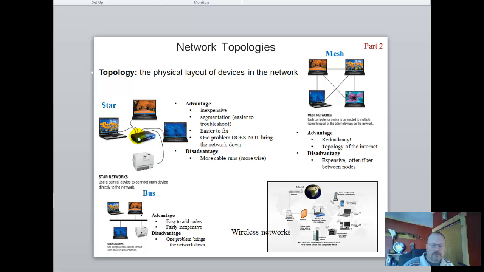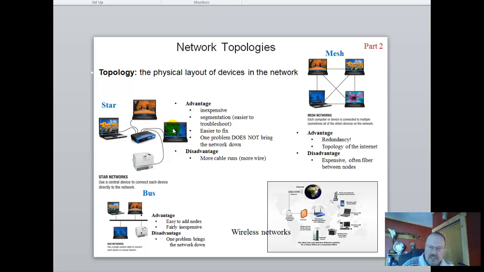Now, once again, the advantage is this wiring is very inexpensive. Also, there's segmentation going on, so if this wire has a problem, if you have a child and they start pulling on the cable and break the cable, only this computer will go down, the rest will continue to run.